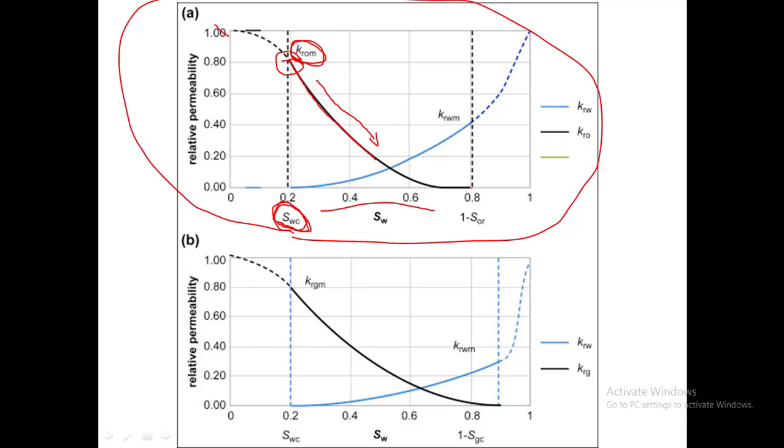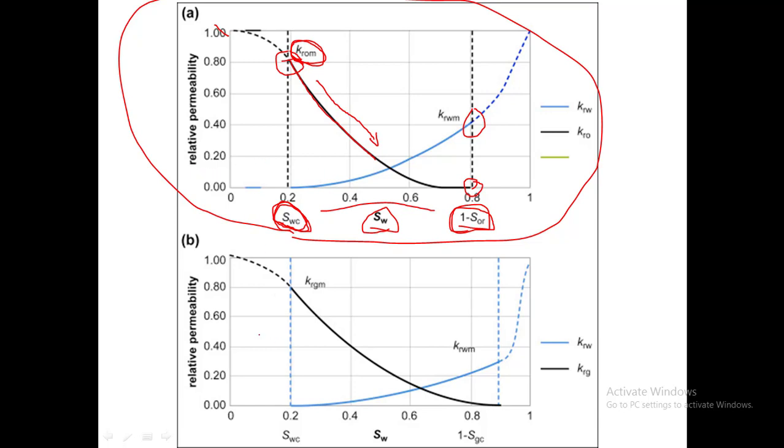As it reaches residual oil saturation, or you can say it's a maximum point where you cannot produce oil, the water saturation will be maximum, right? And the permeability of water will be maximum at this particular point where you cannot produce oil, right? So this is the main concept for this graph.